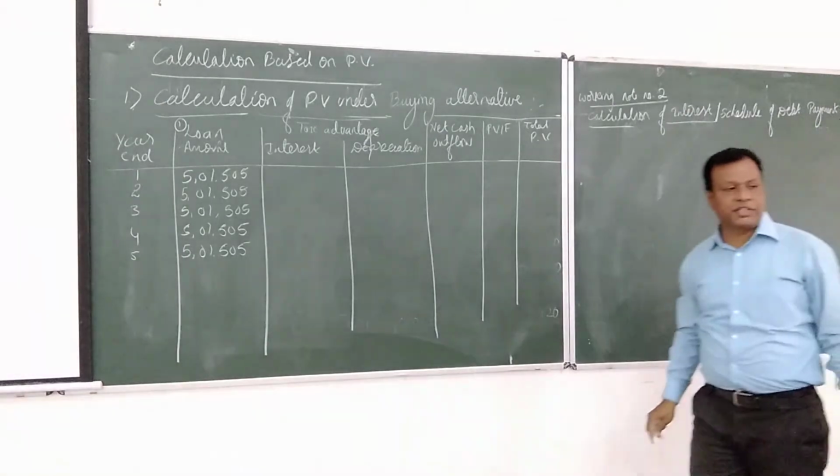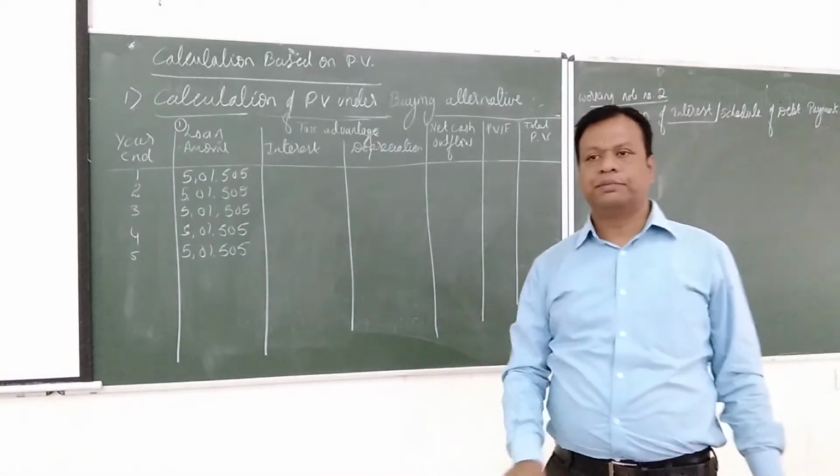In the last class we discussed, no? What are the columns we should have?